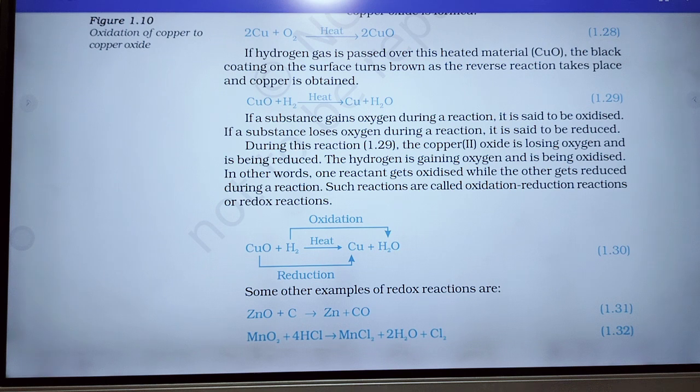It means any substance that gets oxygen during a reaction is called oxidized. If a substance loses oxygen during a reaction, it is said to be reduced. During a reaction, copper oxide is losing oxygen, so it is being reduced. The hydrogen is gaining oxygen, so it is oxidized. In other words, one reactant gets oxidized while the other gets reduced during a reaction.